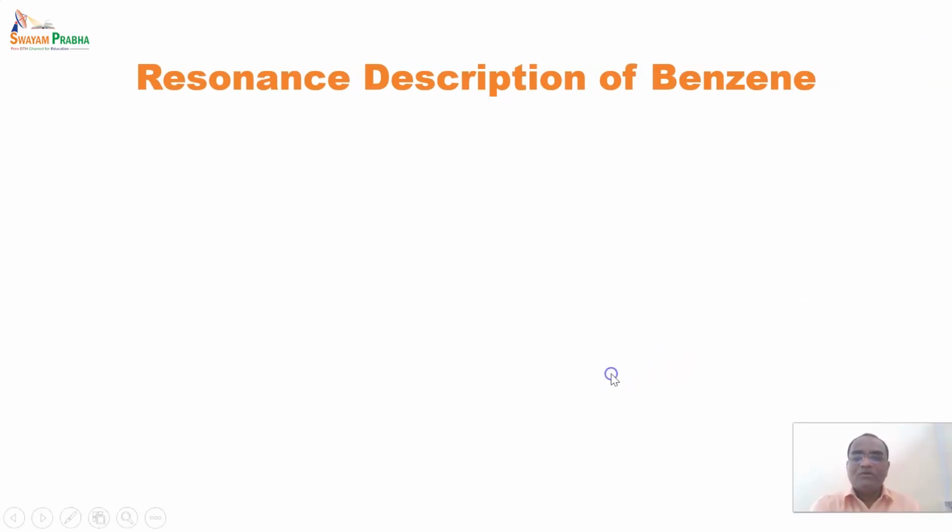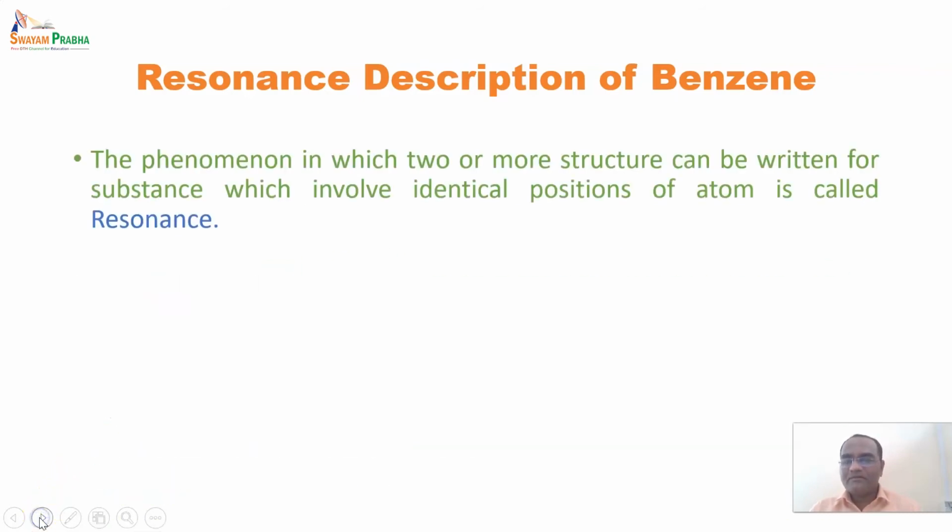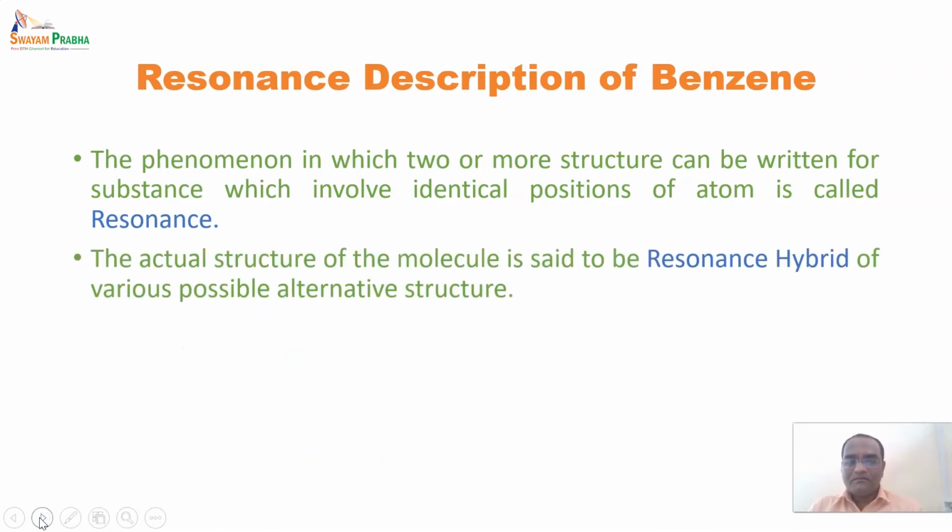Now we'll come to the next point, that is the resonance description of benzene. The phenomenon in which two or more structures can be written for a substance which involve identical positions of atoms is called resonance. So the molecular formula remains the same, and the actual structure of a molecule is said to be a resonance hybrid of various possible alternative structures.